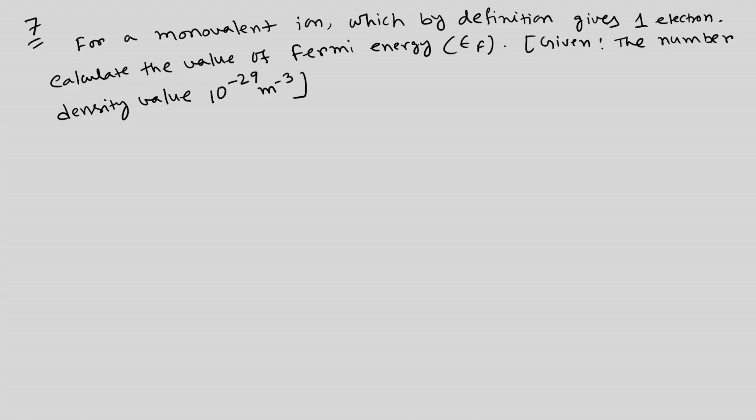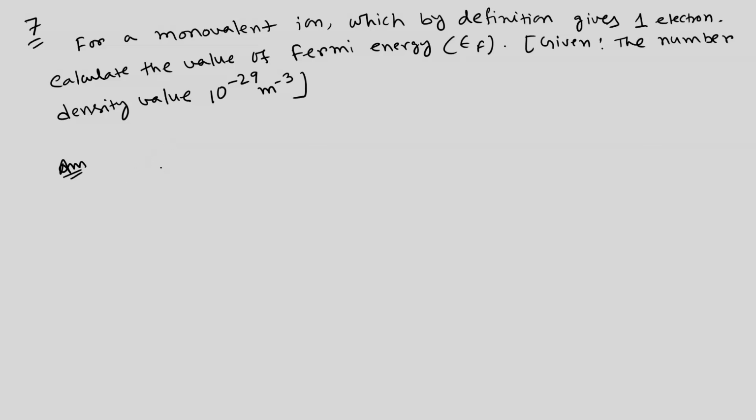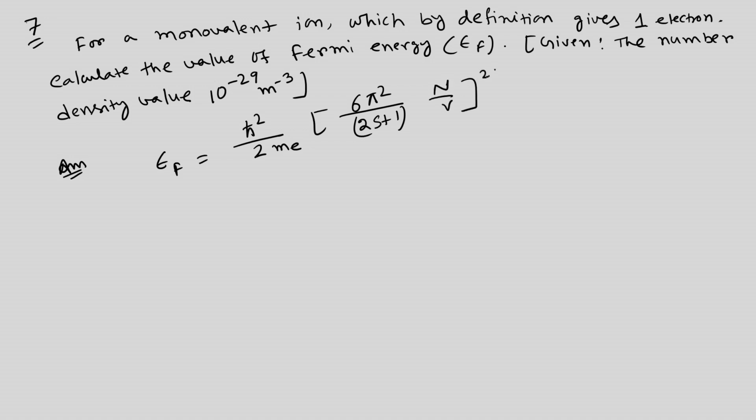Okay, so we need to calculate the Fermi energy of an electron, and number density is given. So we know the expression of Fermi energy. Fermi energy epsilon f is h cross to the 2 by twice me for electron, 6 pi to the 2 by 2s plus 1 times n by v to the 2 by 3.